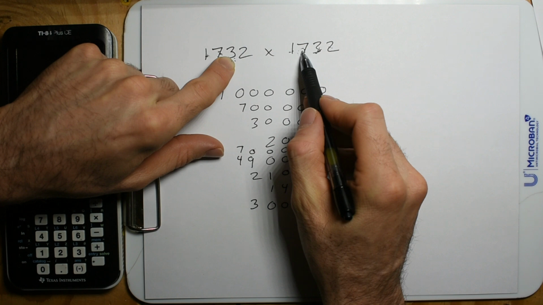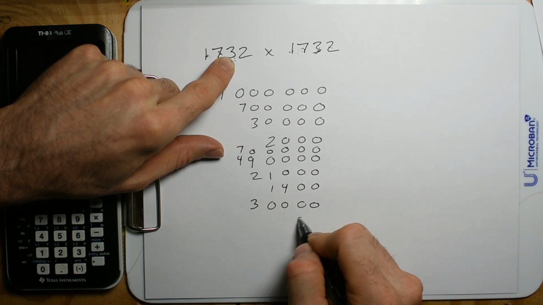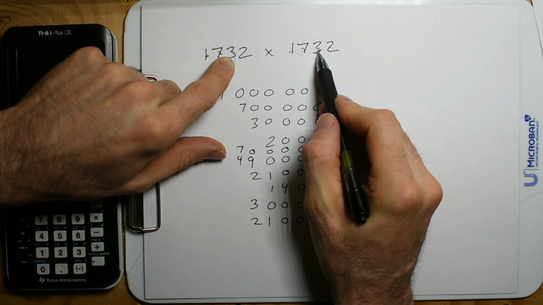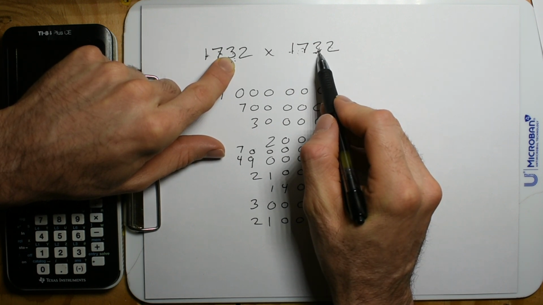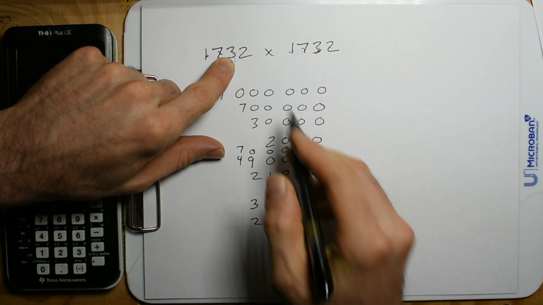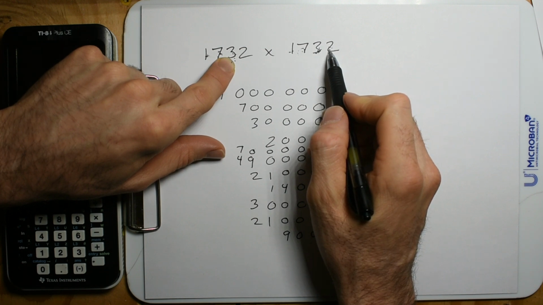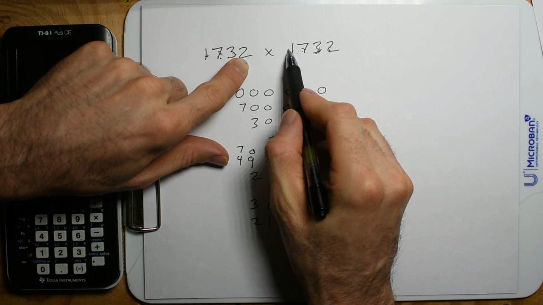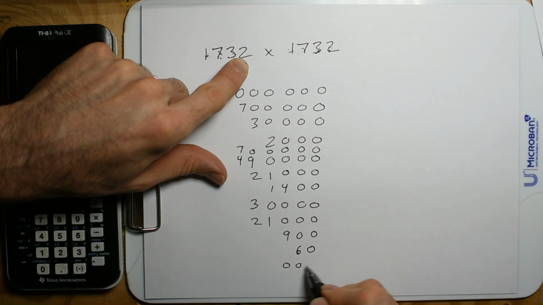I'm going to have 21 with 3 zeros. I'm going to have 9 with 2 zeros. 6 with a 0. And done. Moving on, I'm going to have 2 with 3 zeros.